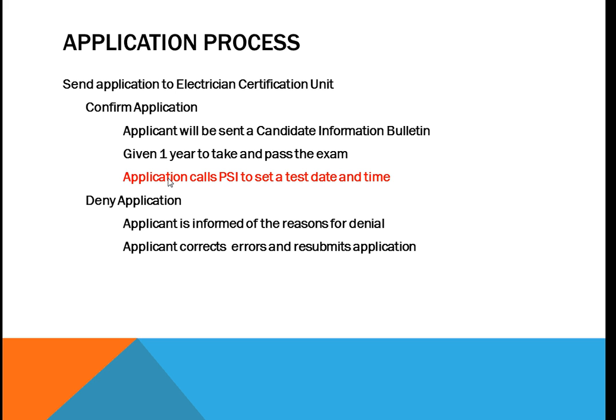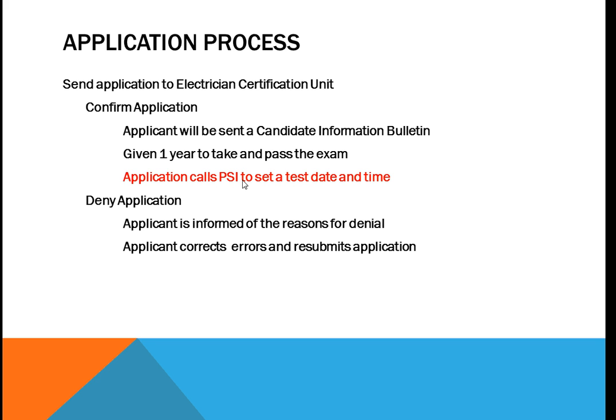Though the application requires that the applicant call to set up their own test date and time. So they're given 1 year. Once they feel prepared and after training, the applicant will call the number from the candidate information bulletin.